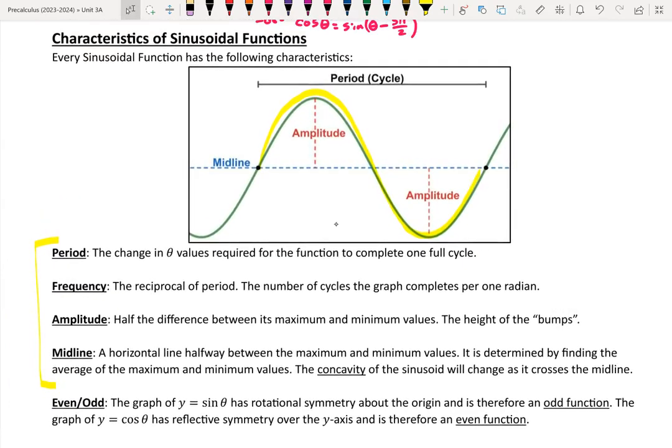The new ones today are the frequency, amplitude, and midline. Frequency is easy as long as you know what your period is. The frequency is just the reciprocal of the period. Now, if you look at context and stuff like that, the frequency is the number of cycles the graph completes per 1 radian.